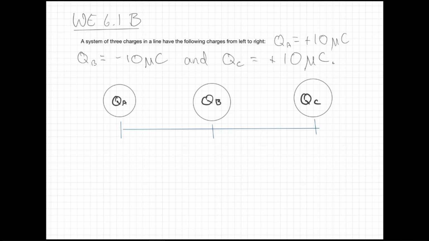This is 100. Obviously, not drawn to scale.